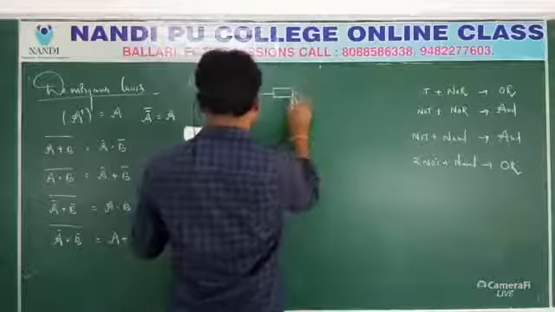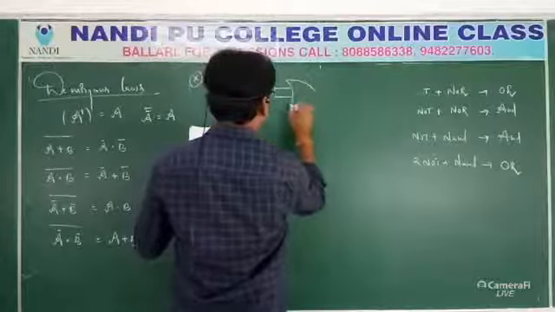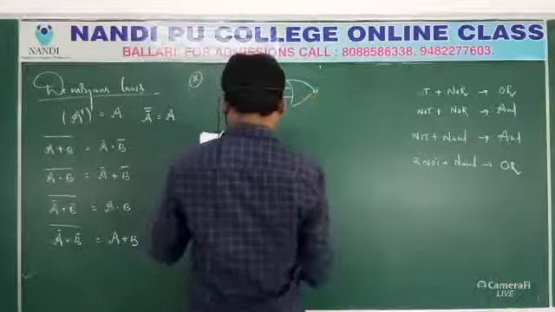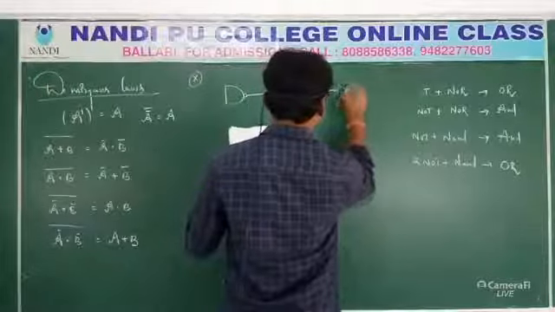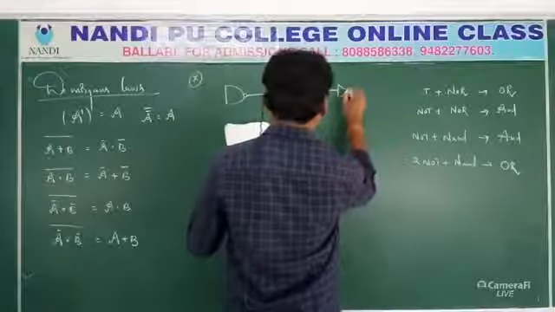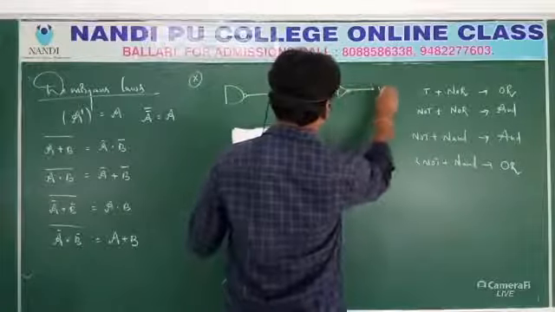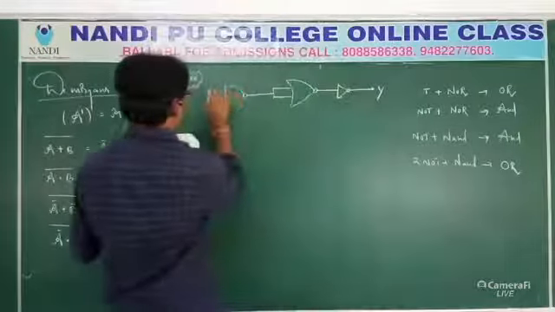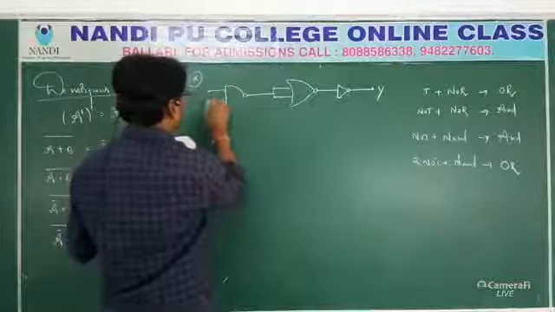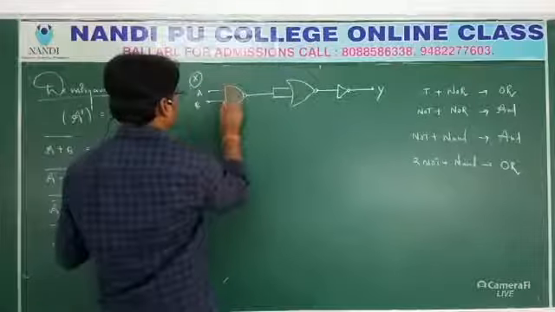Two inputs are joined together, and Y is the output. There are two inputs here, A comma B.